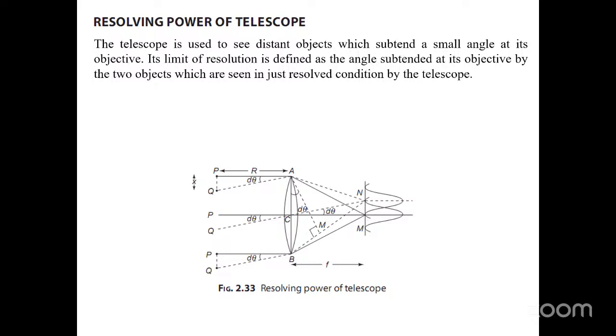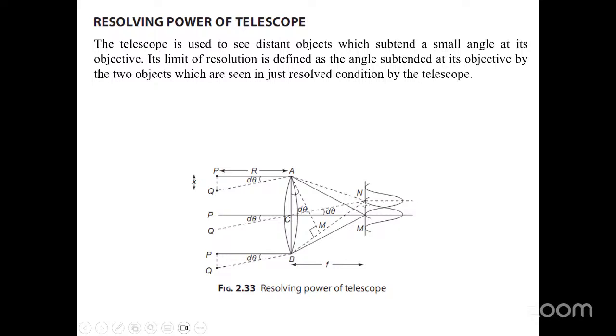A telescope is used to see distant objects which subtend a small angle at its objective, and it has a limit of resolution, which may define the angle subtended at its objective by the two objects seen in just resolved condition by the telescope. Just resolved.